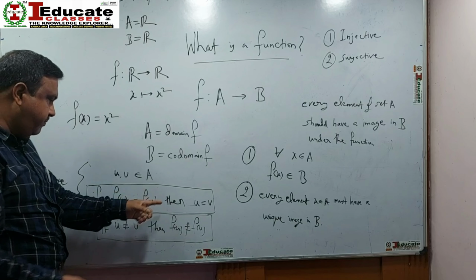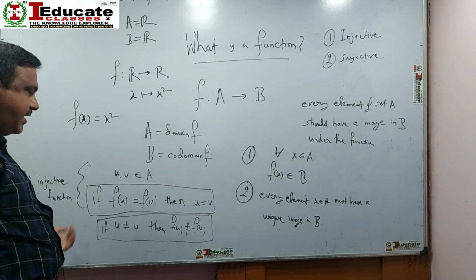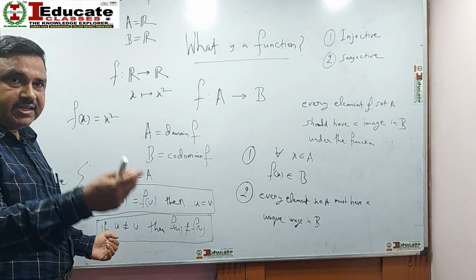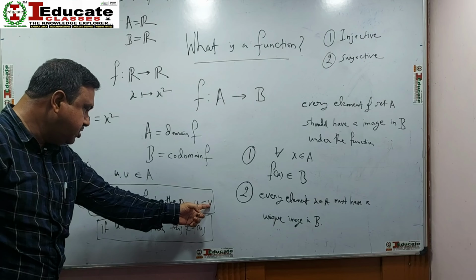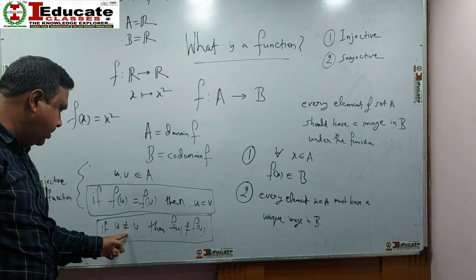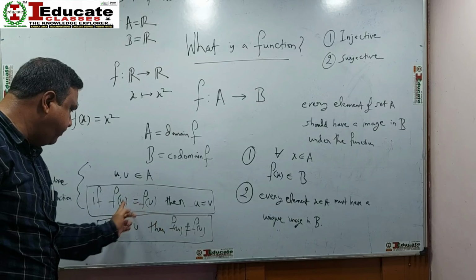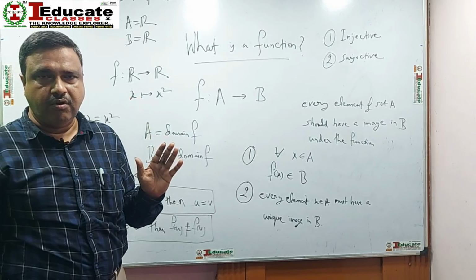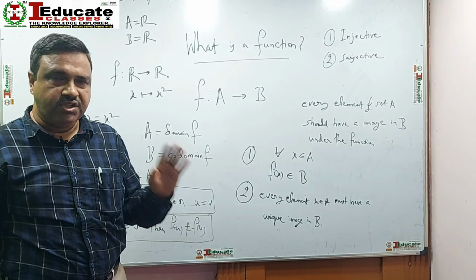If f(u) is equal to f(v), then u is equal to v. If you write the equivalent statement in the negative form: if u is not equal to v, then f(u) is not equal to f(v).